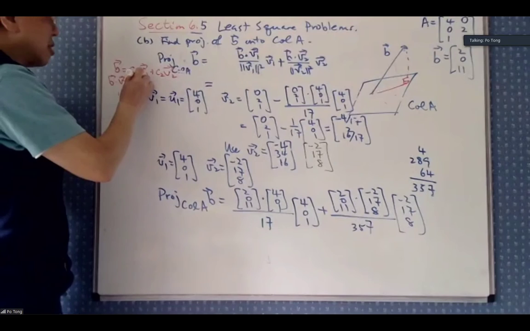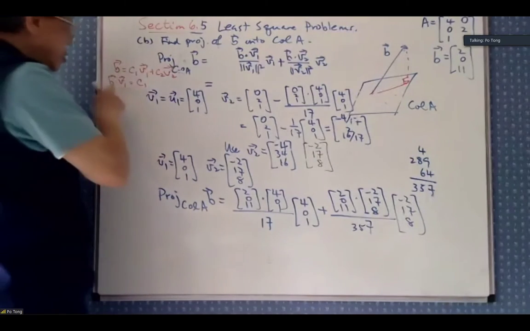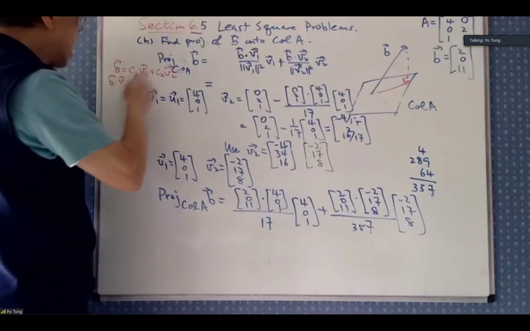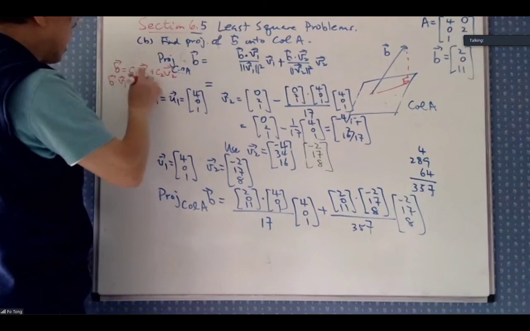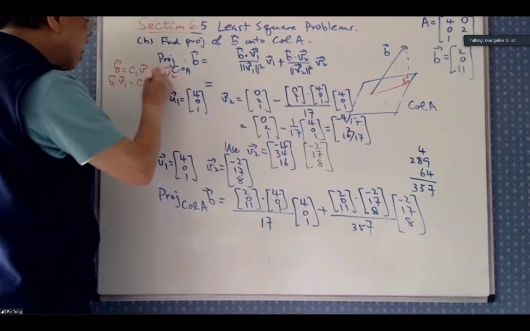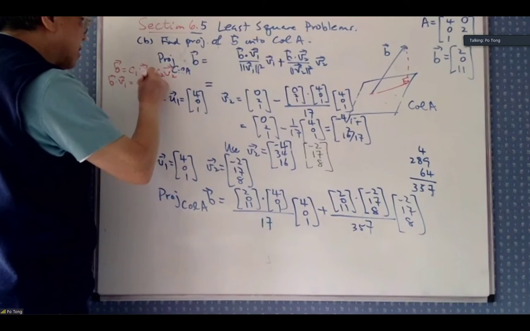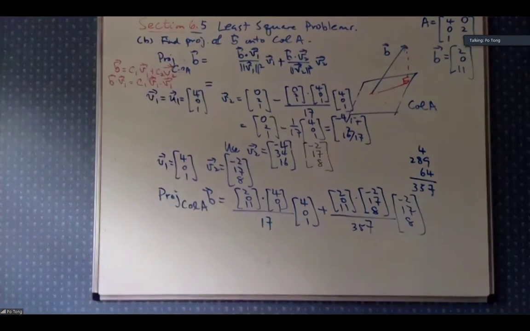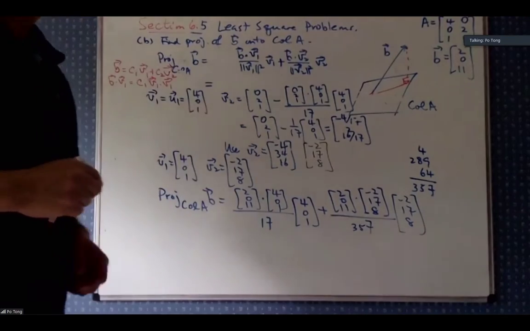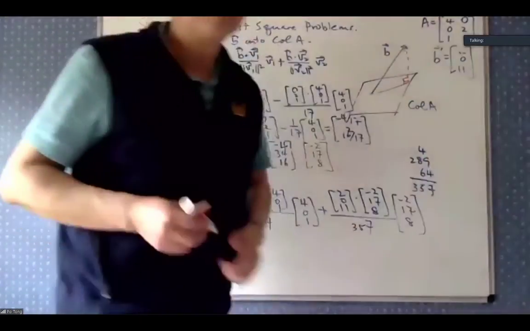So this one will be C1. You dot this, then you get this guy. What are the V's? The V's are the orthogonal vectors. The original vectors, the U's, are these two.